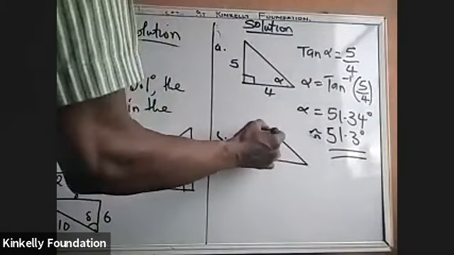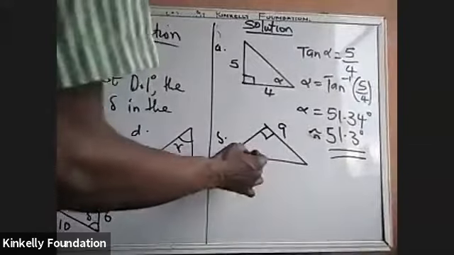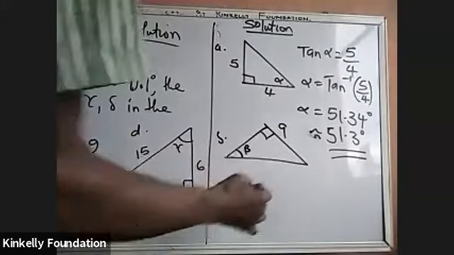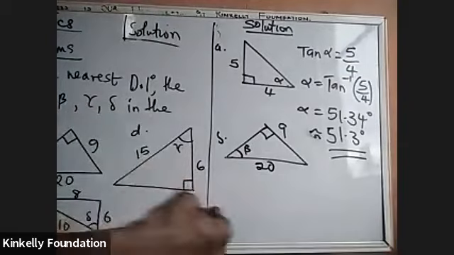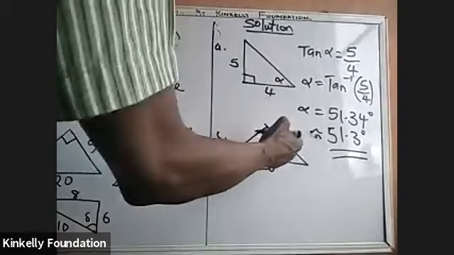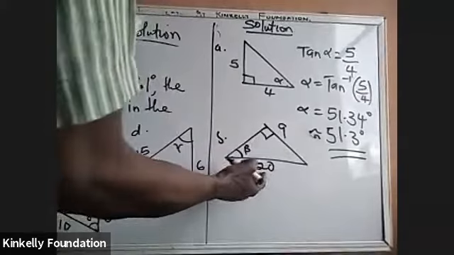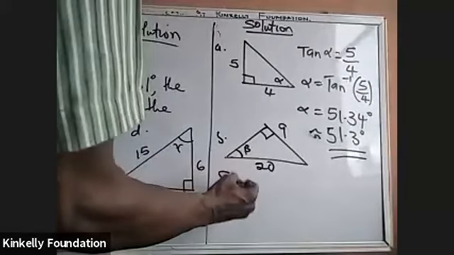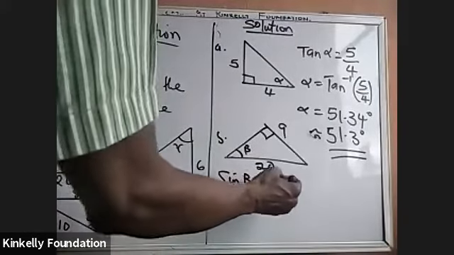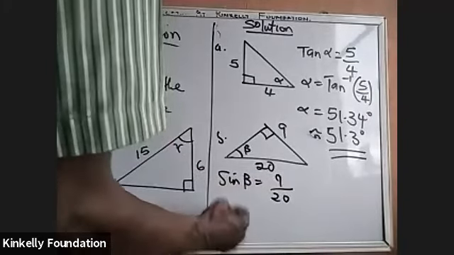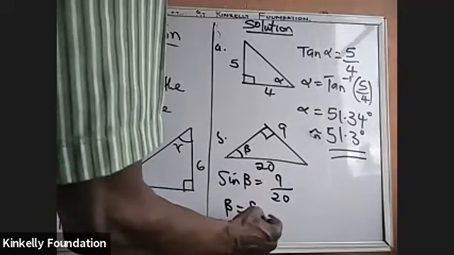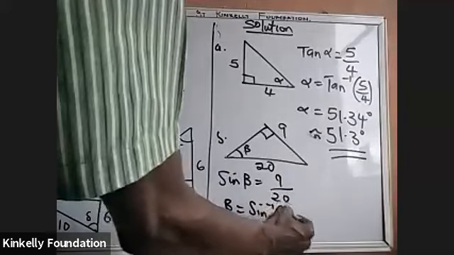9, beta, 20. So we have that this is the opposite, this is the opposite. Sine beta is equal to 9 over 20. Now, beta will be sine inverse of 9 over 20.